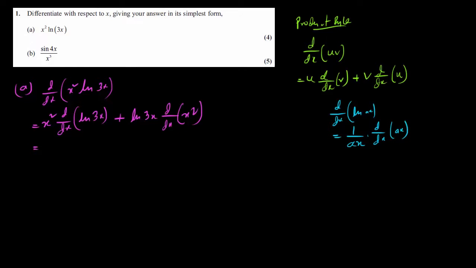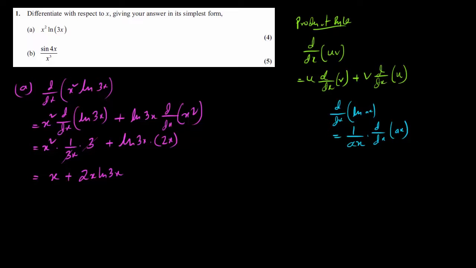So this is going to be x squared times 1 by thrice x, reciprocal of thrice x, into d by dx of thrice x, which is 3, plus ln thrice x into d by dx of x squared, which is twice x. So if you simplify, this 3 and this 3 cancel off and we get x squared divided by x, which is x, plus twice x, which has to be in front of ln thrice x. So this is going to be the value.